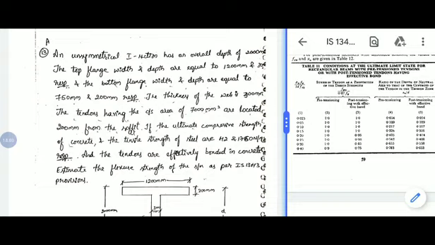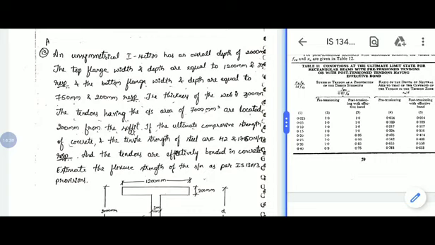The thickness of the web is 300 mm. The tendons having a cross-section area of 7000 mm square are located at 200 mm from the soffit of the beam. If the ultimate compressive strength of concrete and the tensile strength of steel are 42 and 1756 Newton per mm square respectively, and the tendons are effectively bonded in concrete, estimate the flexural strength of the section as per IS 1343 provisions.